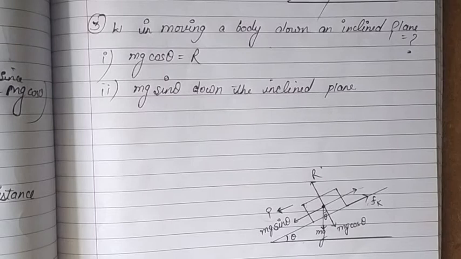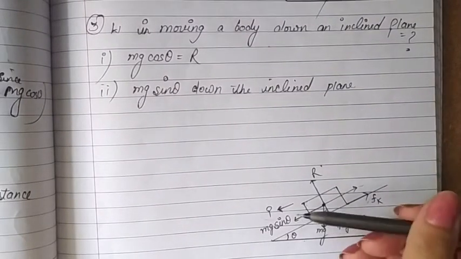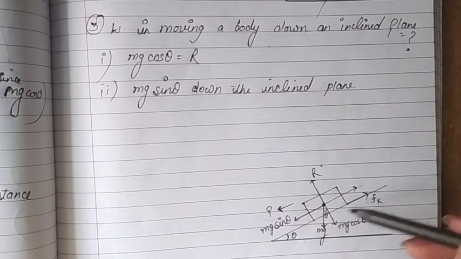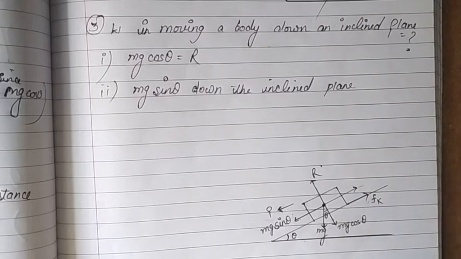Okay, so the force that we need to move this body down is the difference of these two. If this is 20 Newton and this is 10 Newton, then 20 minus 10 will be the required force.